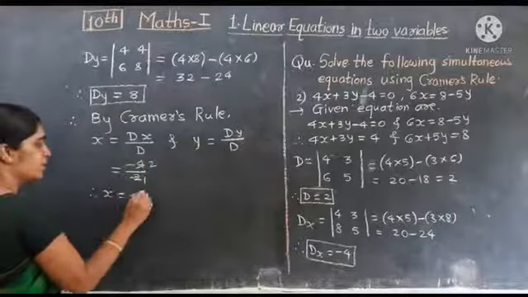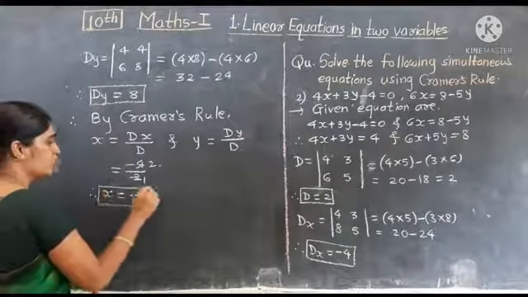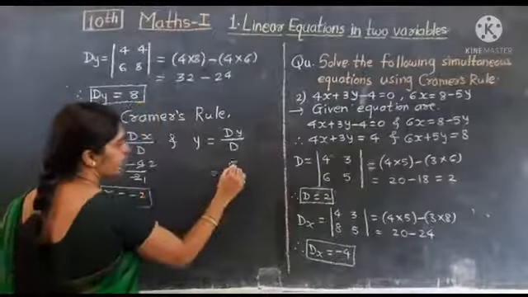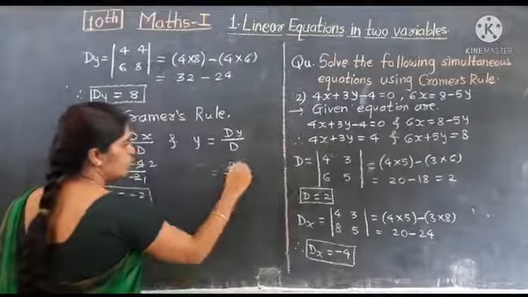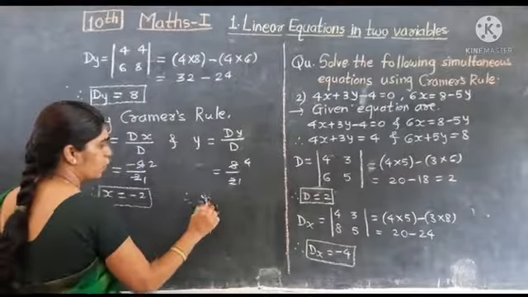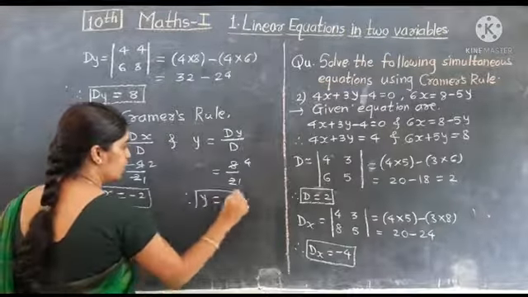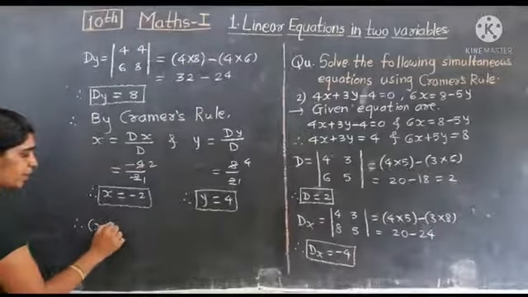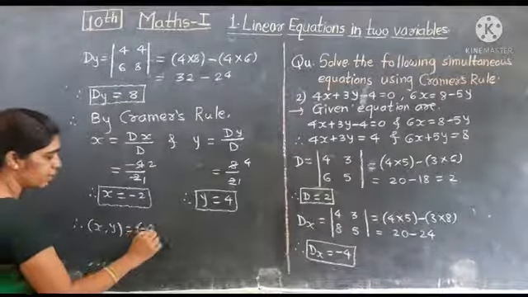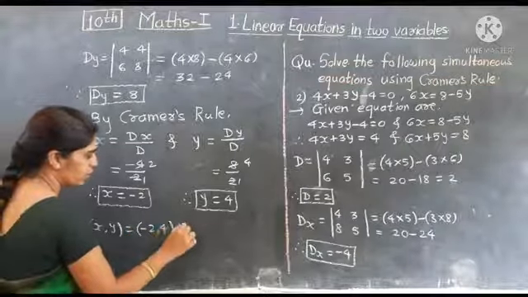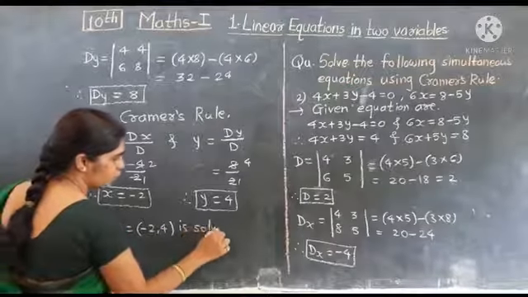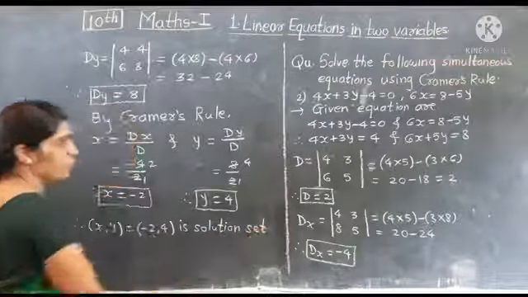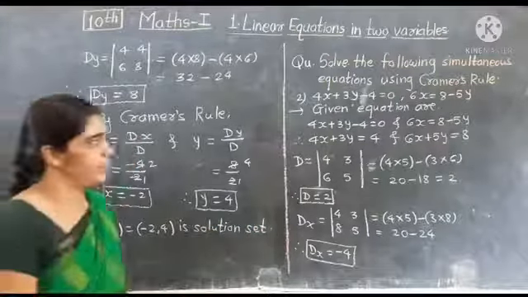Therefore, you get x is equal to minus 2. And here, what is dy? 8. And d is 2. 2 4s are 8. Therefore, we get y is equal to 4. Therefore, you write the last answer: x, y is equal to minus 2, 4 is the solution of the given simultaneous equations.